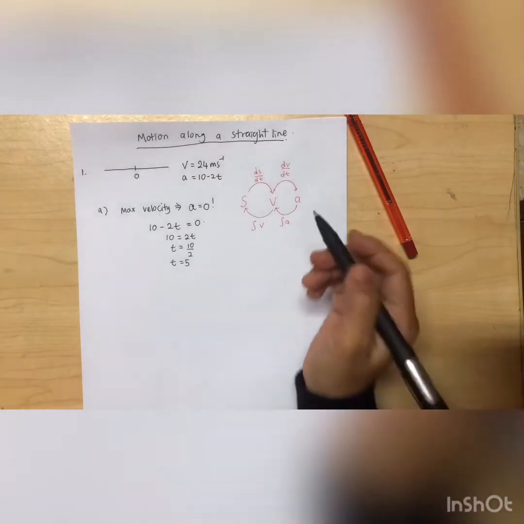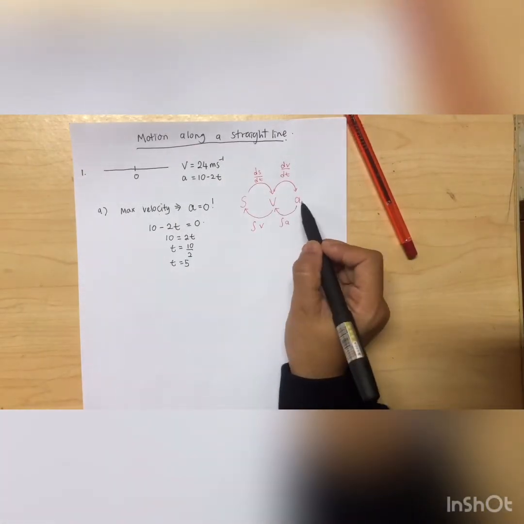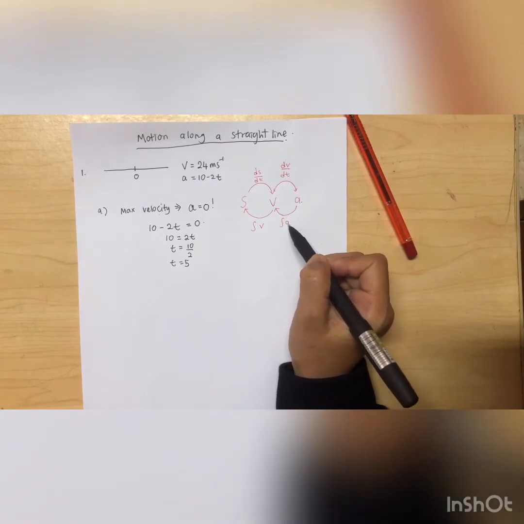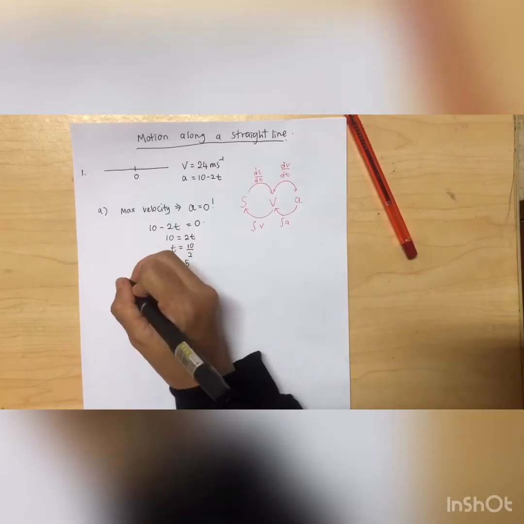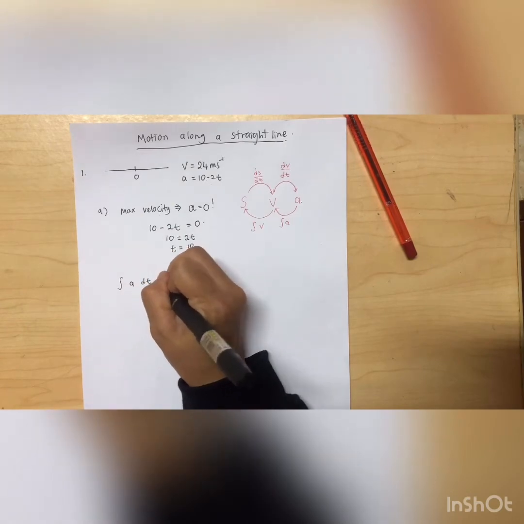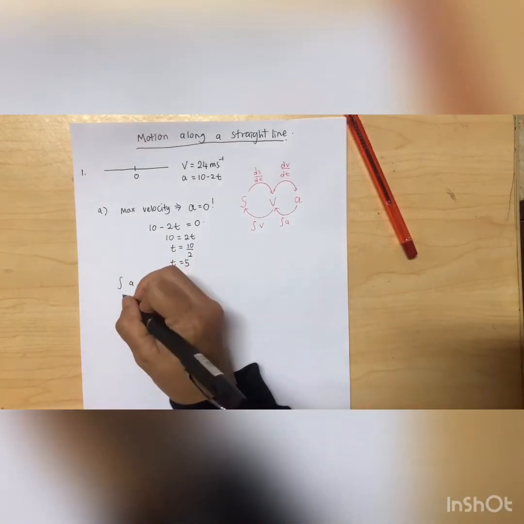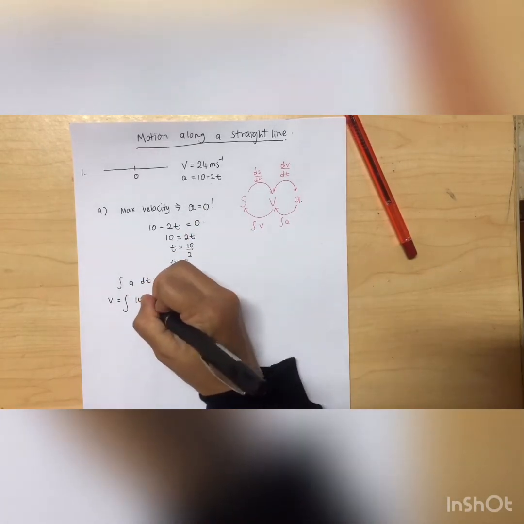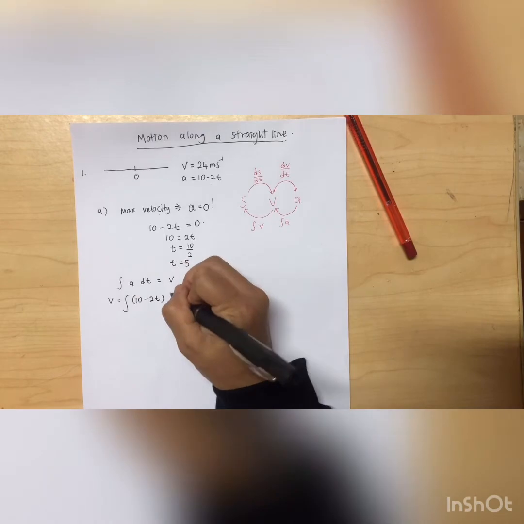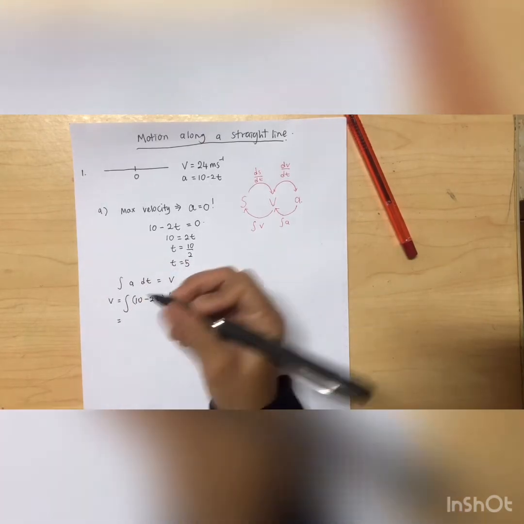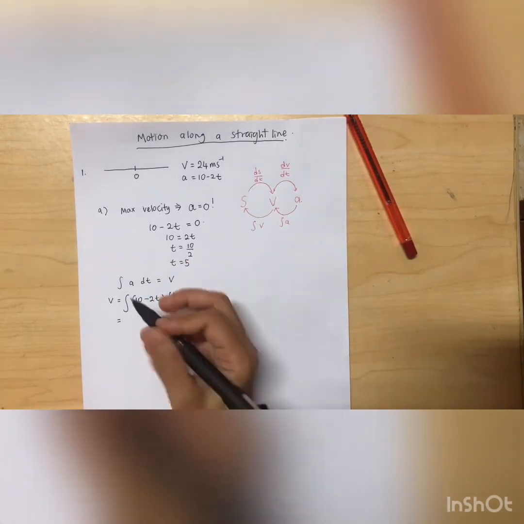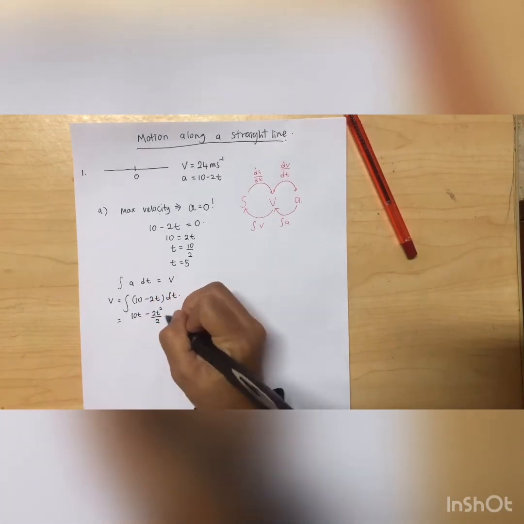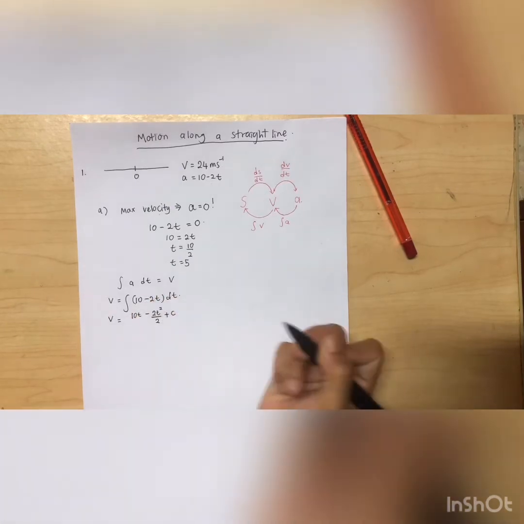So to find v from a, we integrate a: v equals the integration of a dt. Our a is 10 minus 2t, so integrating gives 10t minus 2t squared over 2 plus c. So this is our v.